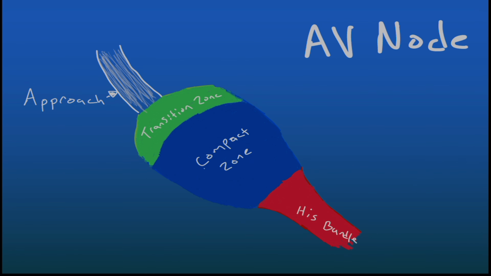Now, before I move into the transition zone, the vast majority of us only have one approach, right? So we only have one approach zone. Some people have two tracks that approach the AV node, and those two tracks have different characteristics, where one of those tracks is faster but has a slower refractory period, and the other sends the impulses slower but has a faster refractory period.